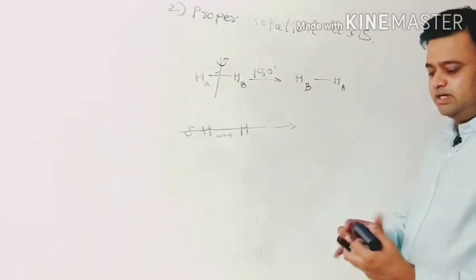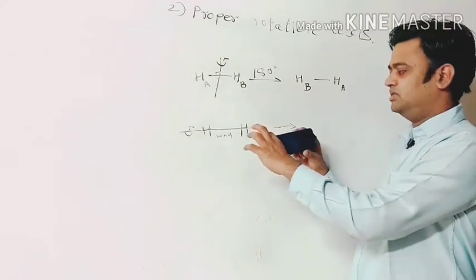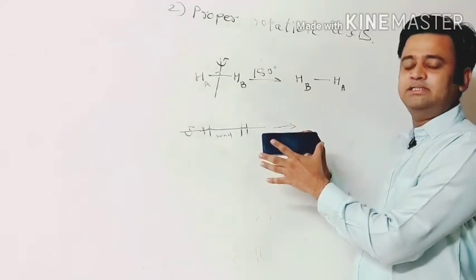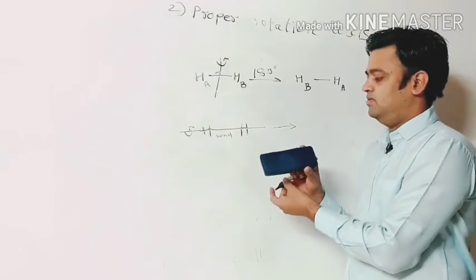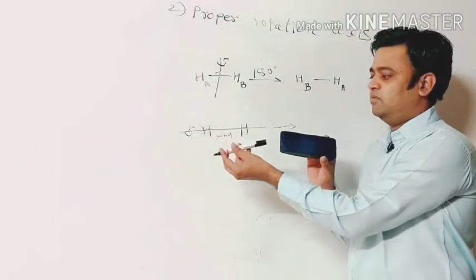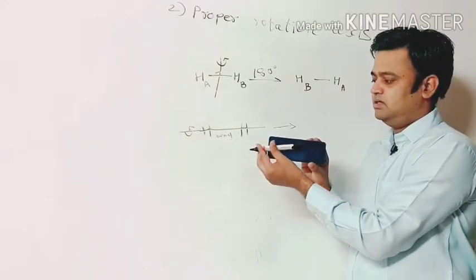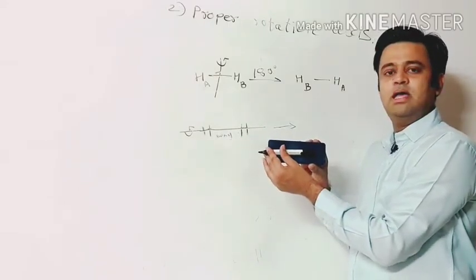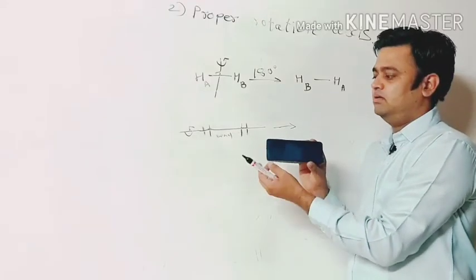What will happen? You can consider it as a duster. This one is H, this one is H, means at the extreme positions, hydrogens are there. And now, this is the axis of rotation, passing through the H2 bond. And now rotate it.